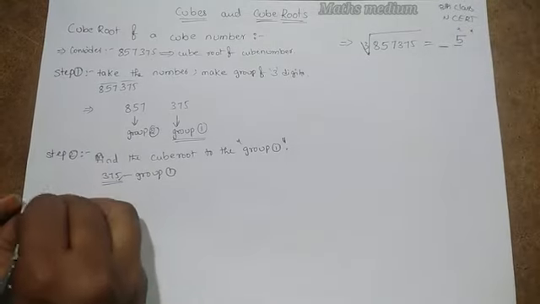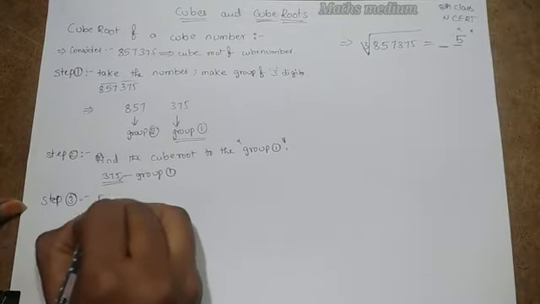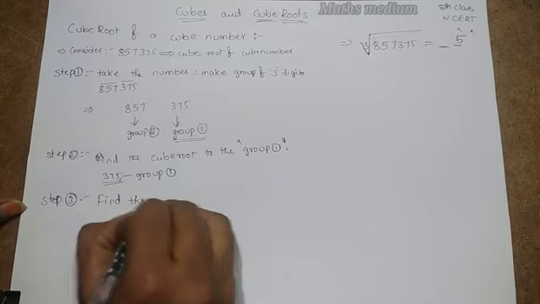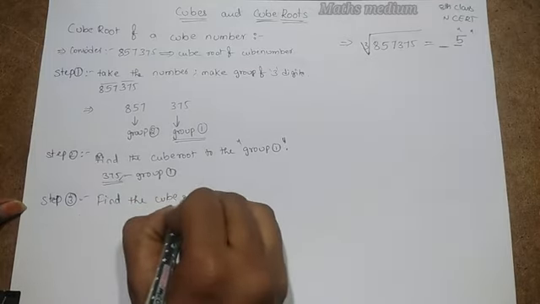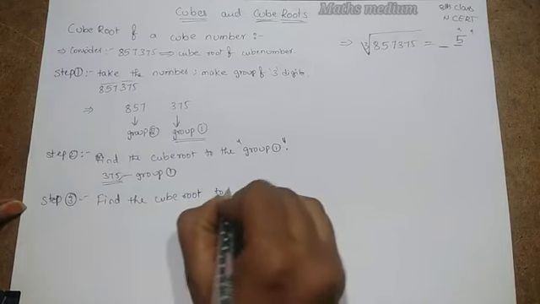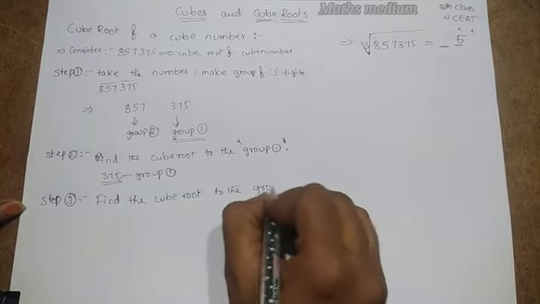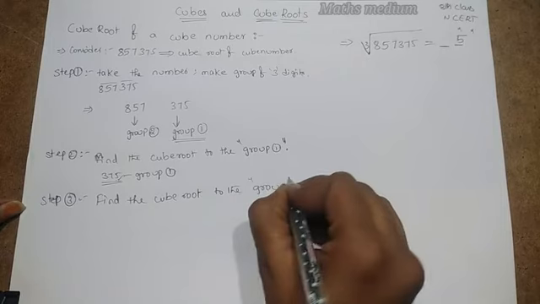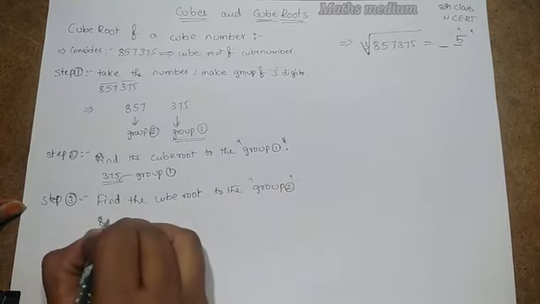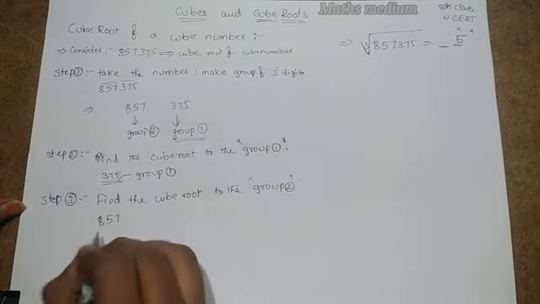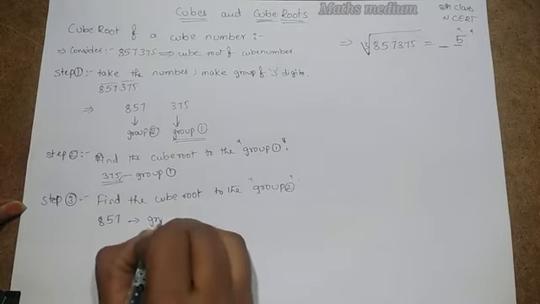Okay. Next, step 3 is find the cube root to the group 2. Now take 857 in this group. So this is group 2.